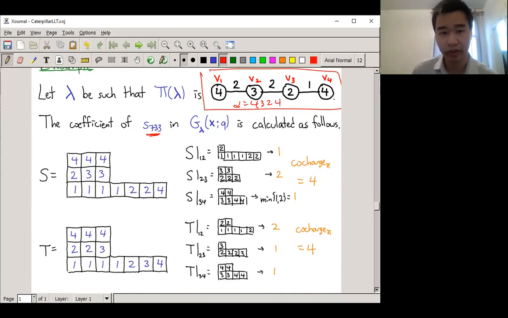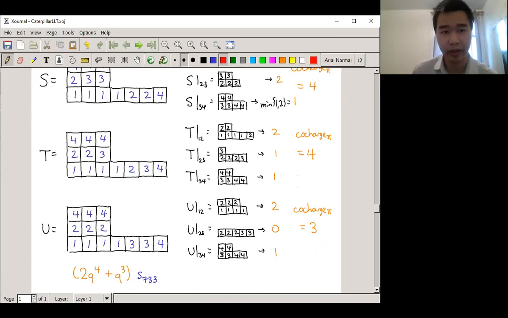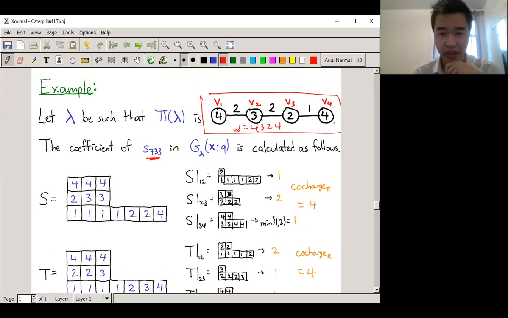So there are 3 tableaux here. Maybe we'll focus on S. First, I just restrict S to and it has 2 entries on the second row.